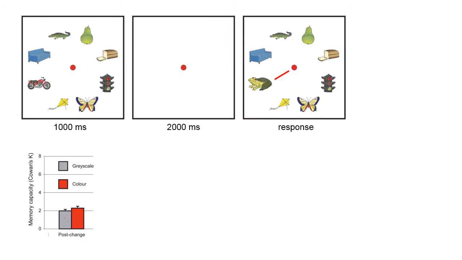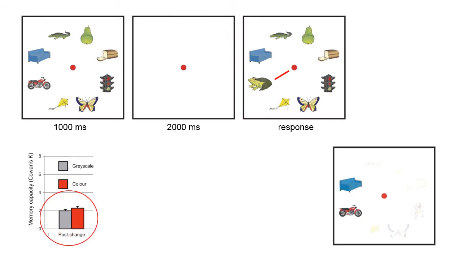This explains the poor performance in the change detection task and shows you how the capacity you find when cueing subjects after presentation of the test array will give you the number of items that people can store in their working memory. And as said, this number is fairly low.